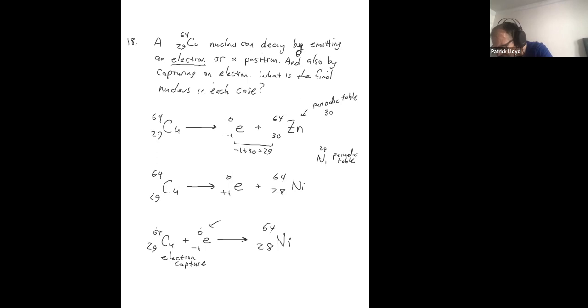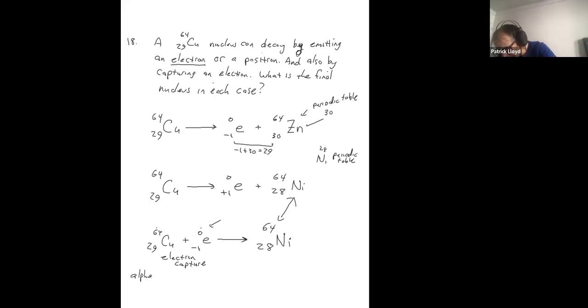So notice there's actually two different ways to get the same isotope of nickel, either through emitting a beta particle, an electron, or by capturing an electron from the atom itself. That's called electron capture. Both of those give you nickel. And then there's a third mechanism where you actually emit an electron, and that one right there is going to produce zinc.